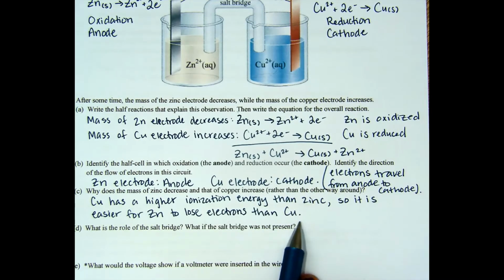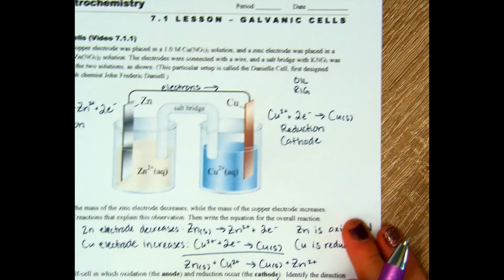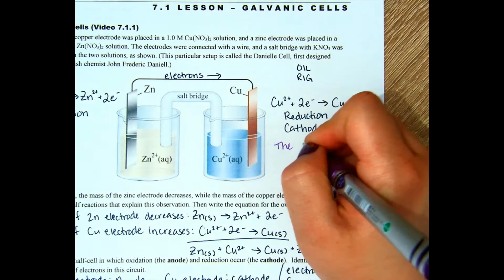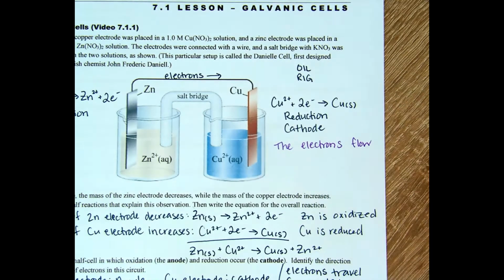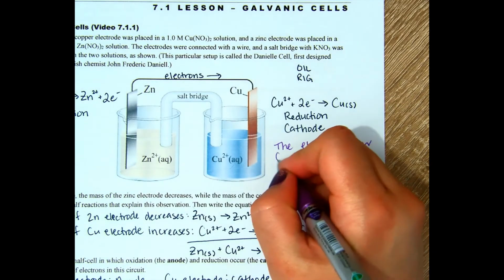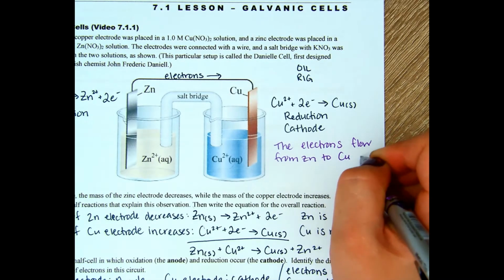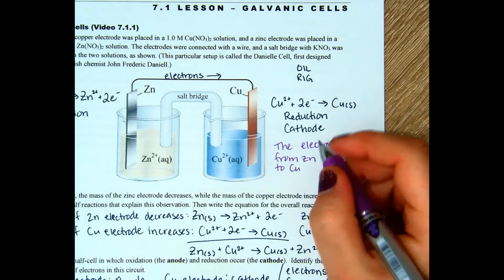And again, that's because it's going to take more energy to remove those electrons from the copper because it has that higher ionization energy. So let's just go ahead and write that as a note to ourselves up top. So the electrons flow from zinc to copper due to copper having a higher ionization energy.